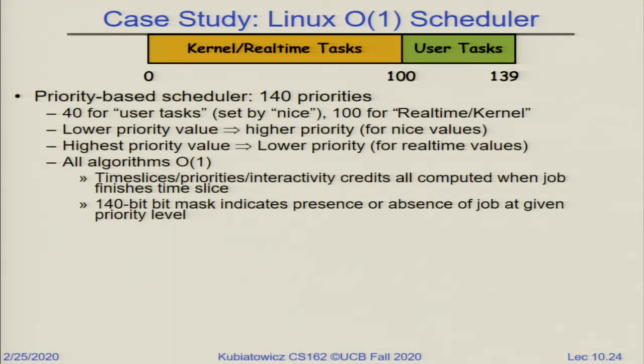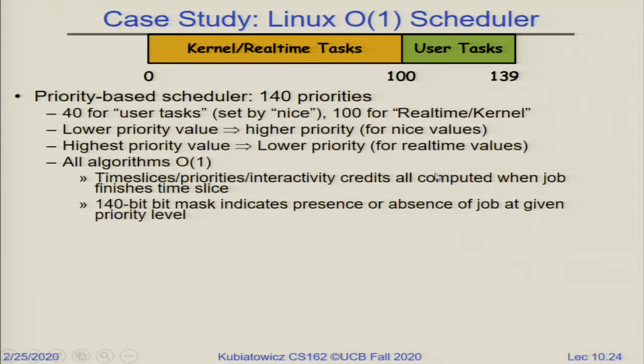They're called real-time because you'd get very predictable behavior. The 40 up here are the ones that you as a user would normally see. As you raised your niceness level, things would run with lower priority, and as you lowered your niceness level, they would get slightly higher priority. This is the way nice worked.